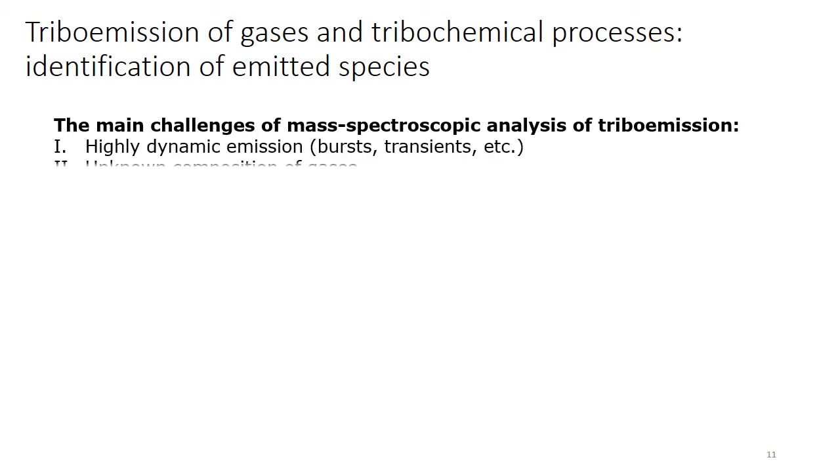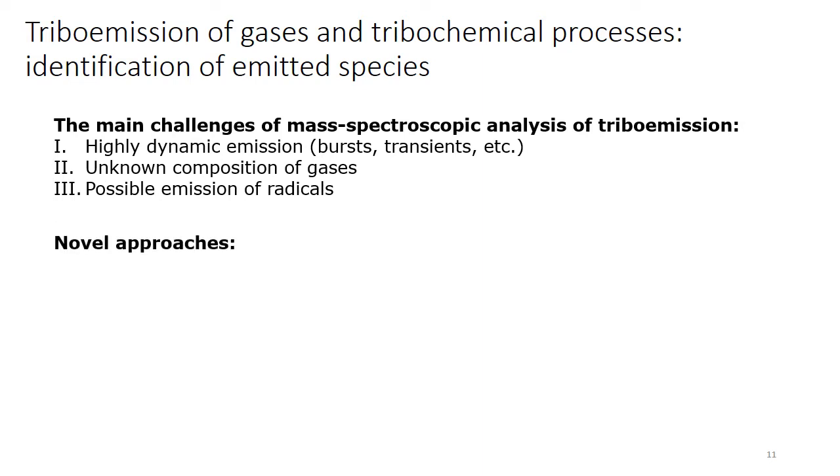So, to identify the emitted species, there are certain challenges in using mass spectrometry. Here you can see the three main challenges. The first is highly dynamic emission, which may have bursts and transients.